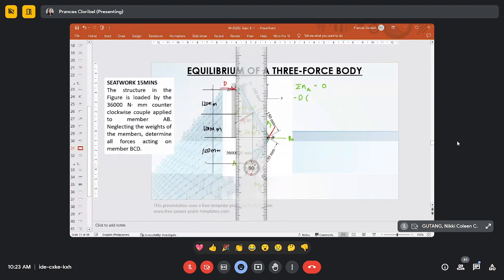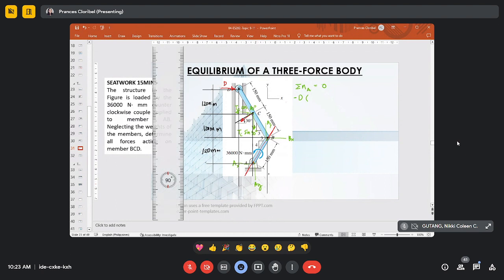So, with 3, 4, 5, 150, 120, this one is 90 mm, still 90 mm. So from D to A, what is our perpendicular distance? 120 times 3, that is 360.